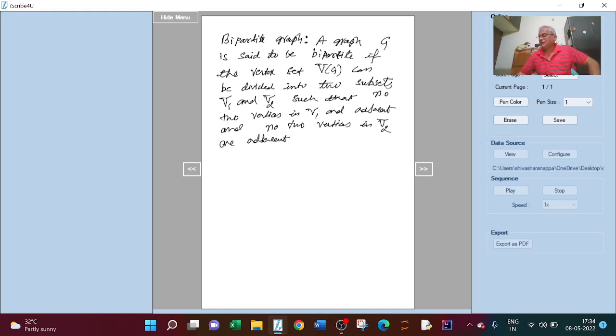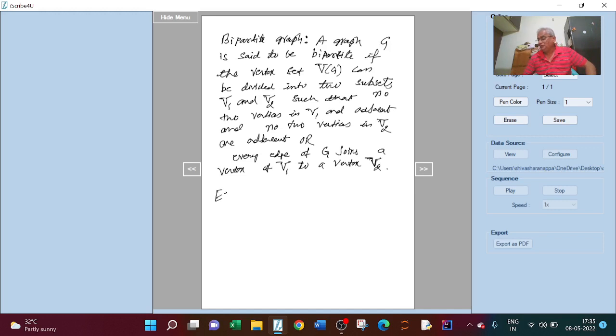Or we can say it like this also: every edge of G joins a vertex of V1 to a vertex of V2.